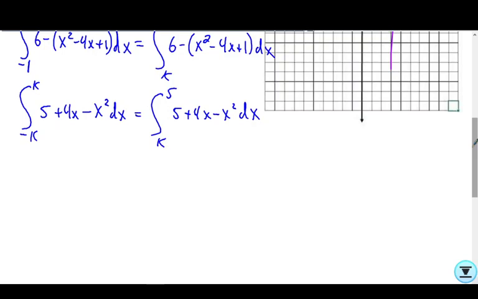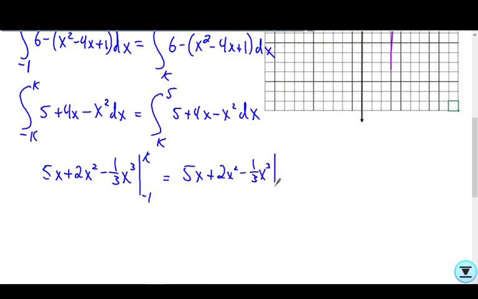So we take the antiderivative, and we get 5x plus 2x squared minus 1/3 x cubed. This one will be from -1 to k, equals the same thing, 5x plus 2x squared minus 1/3 x cubed, but this one will be from k to 5.